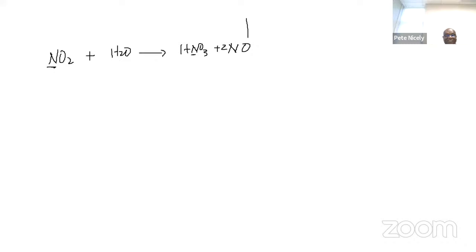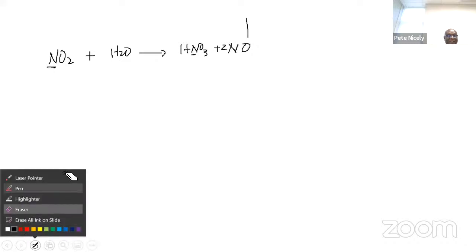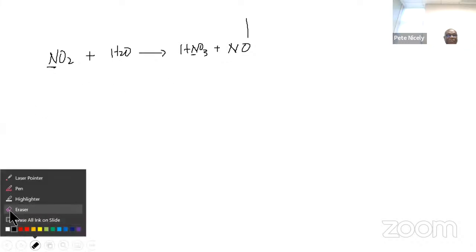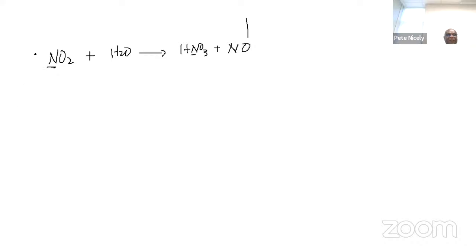In fact, what I would have done is, instead of putting the 2 here, I would put the 2 here, because these 2 nitrogens will balance the nitrogens here and here on the right side. And then let me see here.